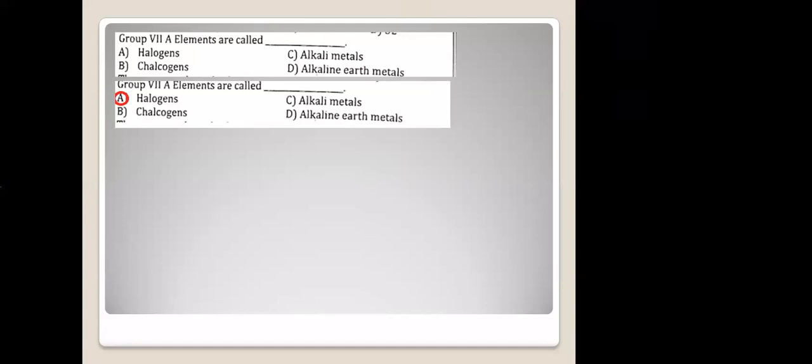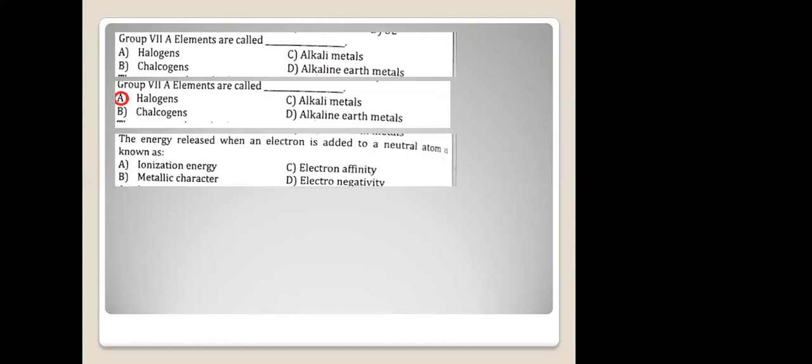This question is continuously repeated in all your exams. Group 6A is chalcogens, which is option B, and 7A is halogens. People get confused with 6 and 7. Six is chalcogens and seven is halogens. Okay, moving on.